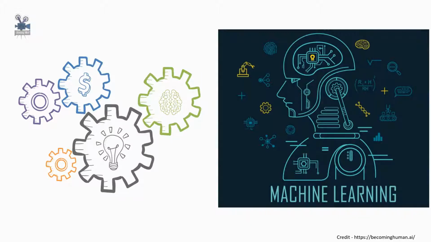So let's begin. Artificial intelligence, machine learning, and deep learning are the three concepts that help to build this human-like ability into computer systems. Artificial intelligence, or AI, is an umbrella term, while machine and deep learning are the techniques that make AI possible.